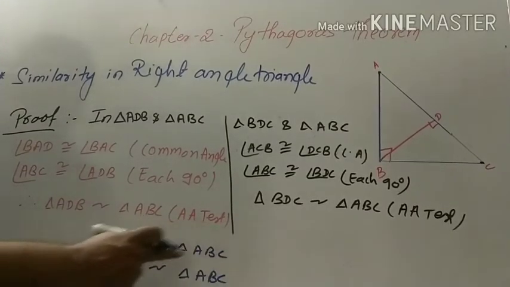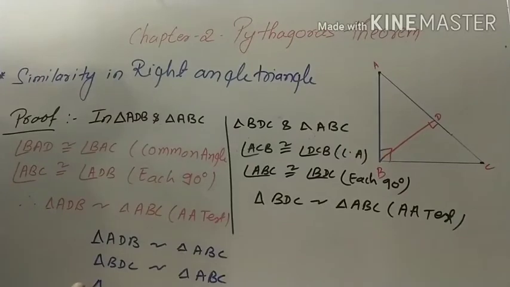When both triangles are similar to ABC, then triangle ADB similar triangle BDC. So it is proved, similarity in a right angle triangle.